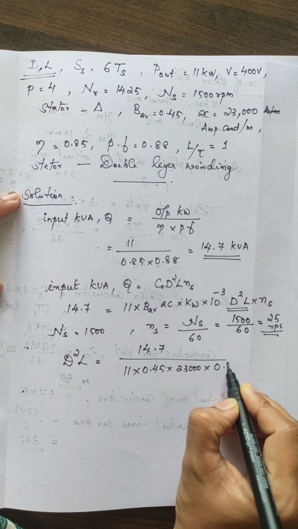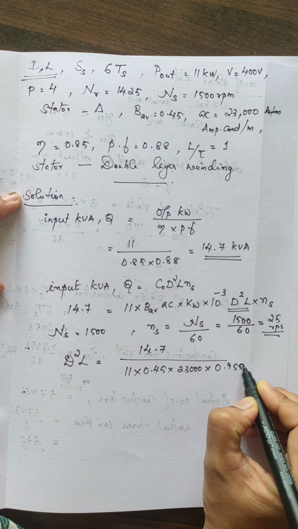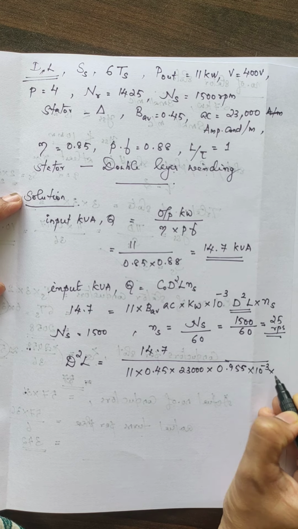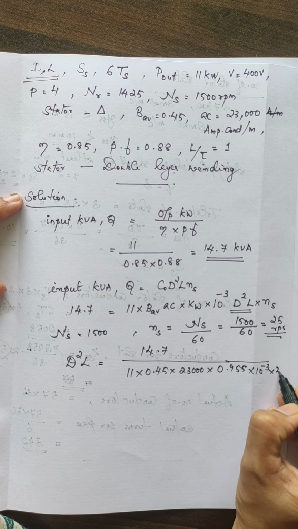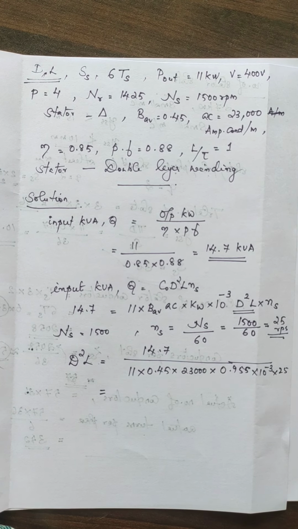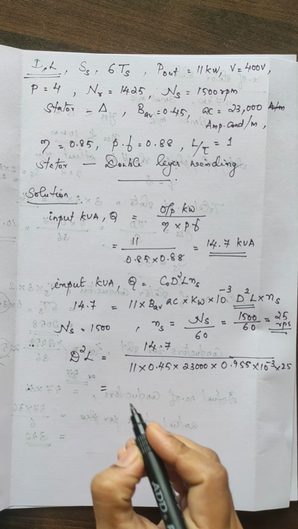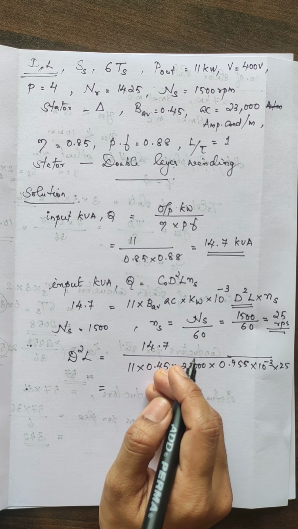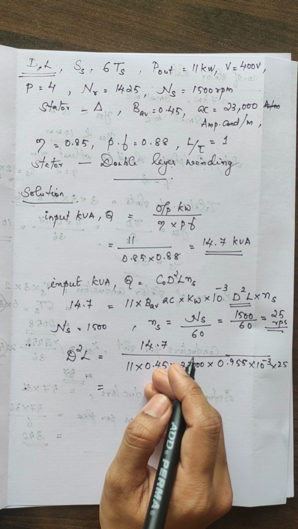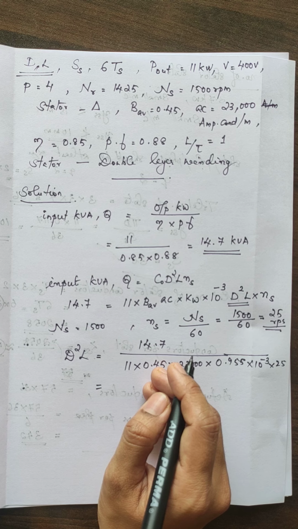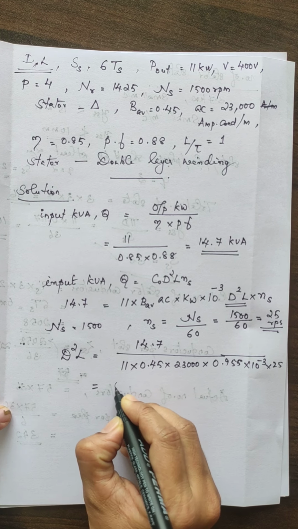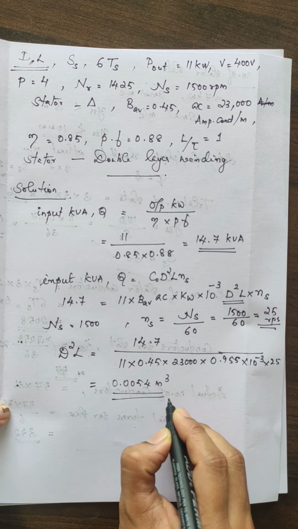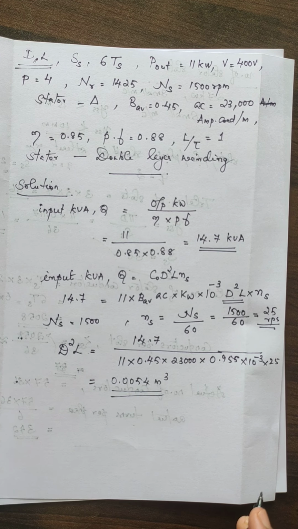It is not given, so we can take it as 0.955, into 10 raised to minus 3, into ns, that is 25. On solving this, we get the value of D square L as 0.0054 meter cube. So we have D square L.